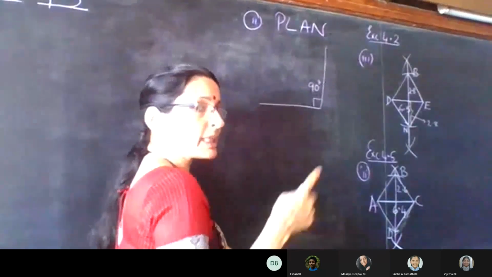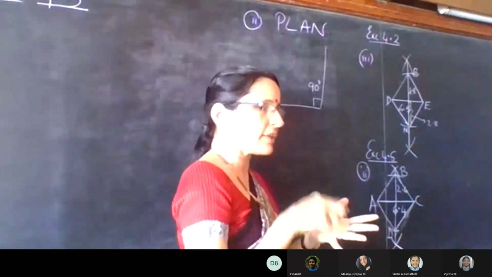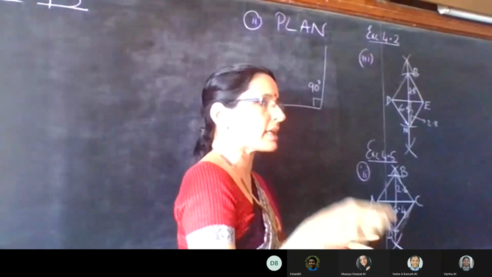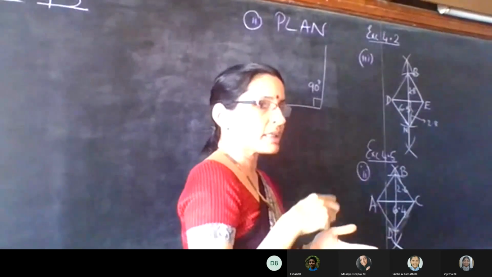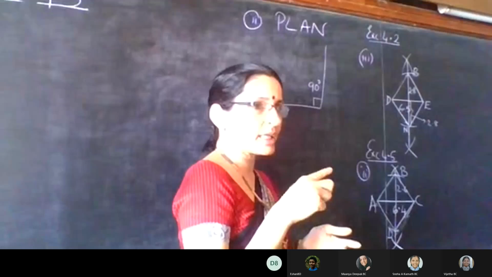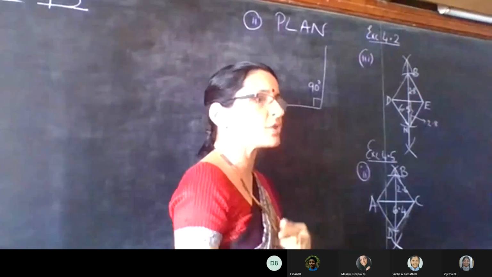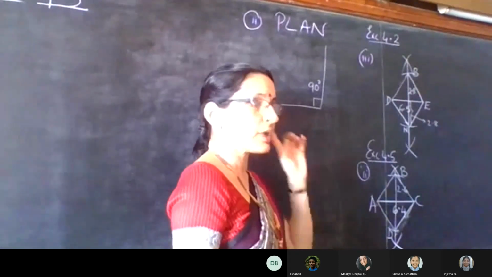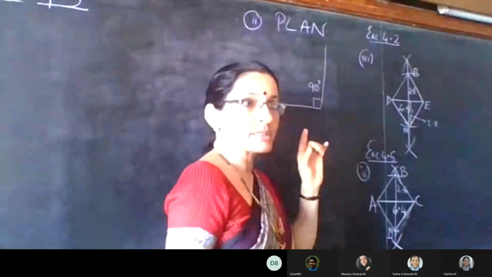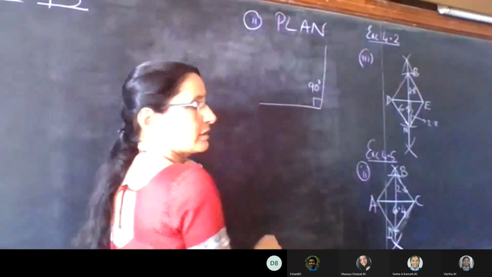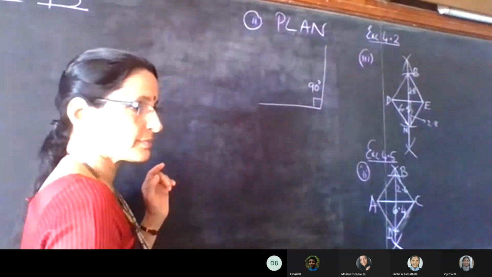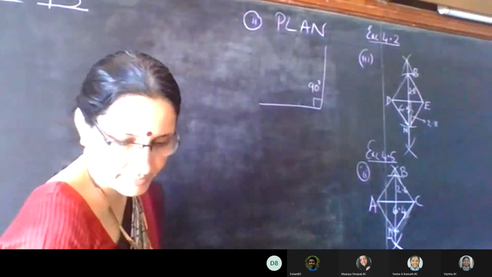Any multiples of 15, 15, 30, 45, 60, 75, 90, 105, 120, 135, everything we have to do using compass. So I said the other day, one circle method, that we are doing. Other one protractor. So now 90 I have drawn here.